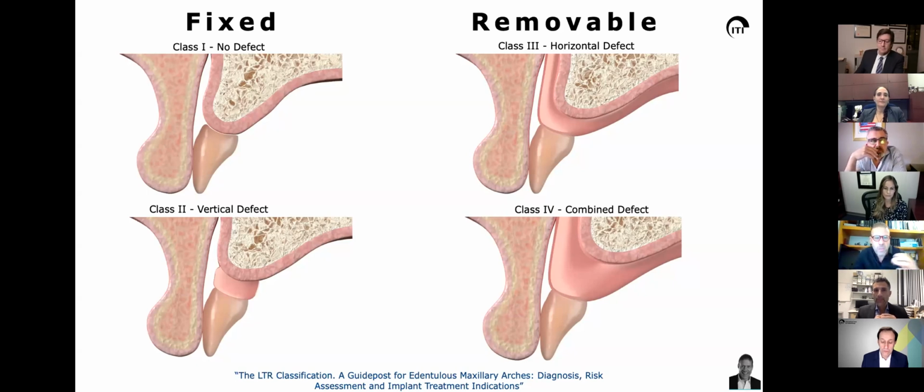Now, the added value of this classification, if you will, is that we're not only looking at potential fixed restorations, but we're assessing the potential need for removable. We're also assessing the potential risk of a high lip mobility that will not allow us to conceal that transition line.